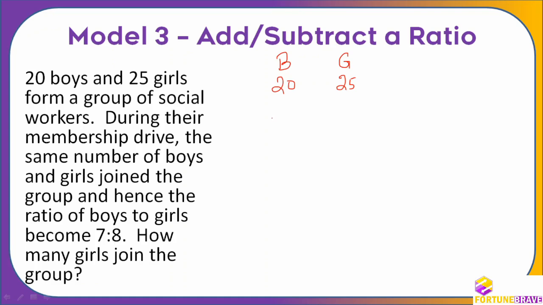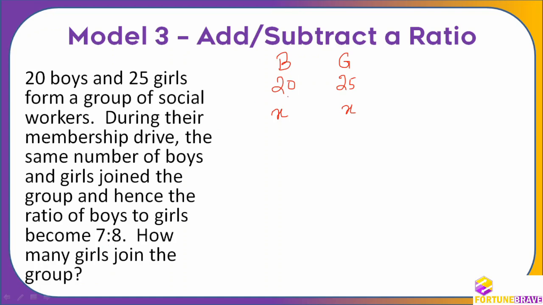So if X boys joined, then X girls joined. So same number. Hence the ratio of boys to girls becomes 7 is to 8.